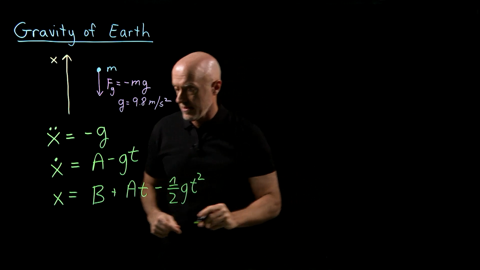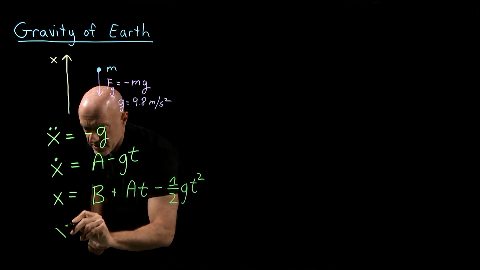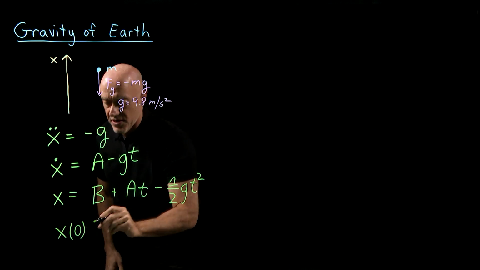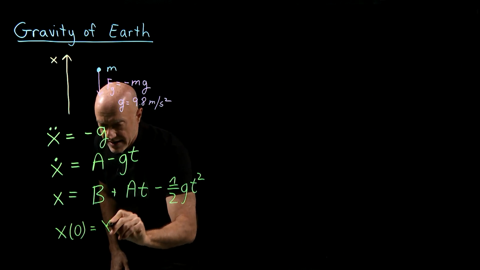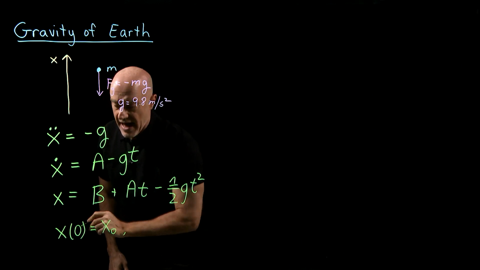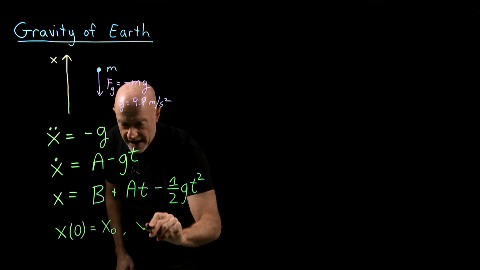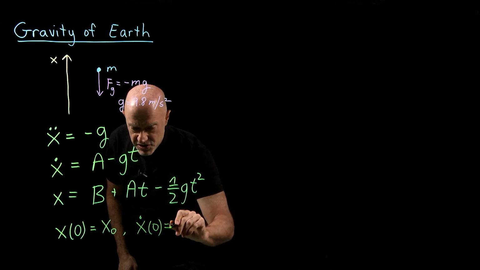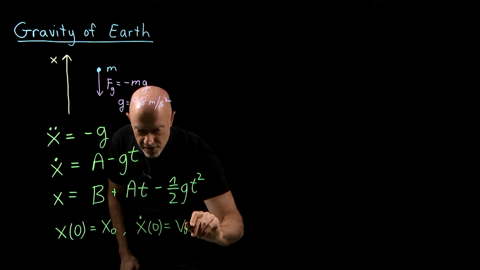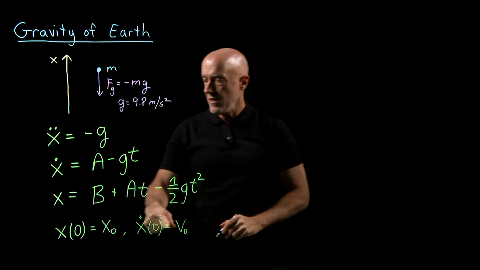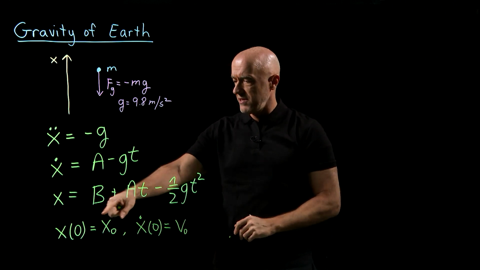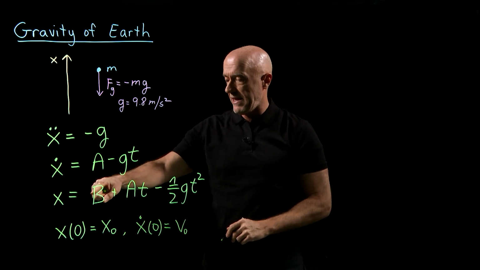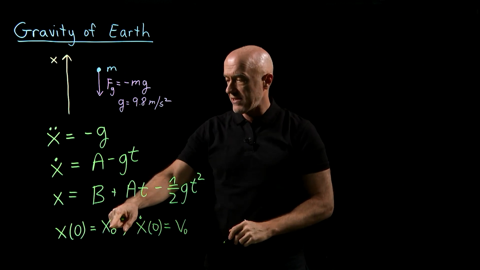Well, if we set initial conditions, so say that the mass is initially at t equals 0 at position x naught, and the velocity, or x dot, at t equals 0 is the initial velocity, which we call v naught. Then we can substitute into these equations. So at t equals 0, x is equal to b, so b is equal to x naught.